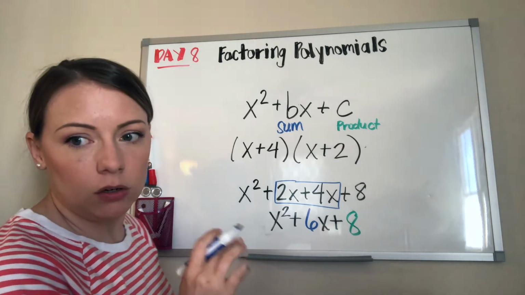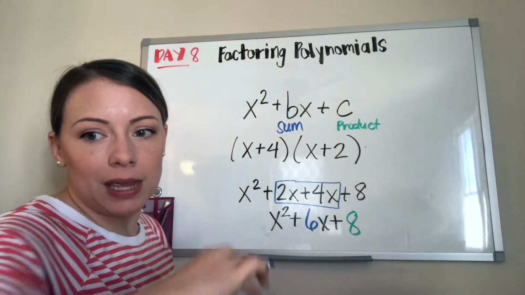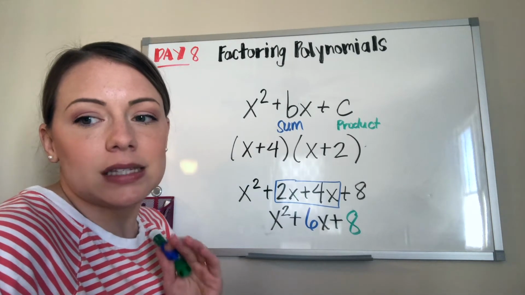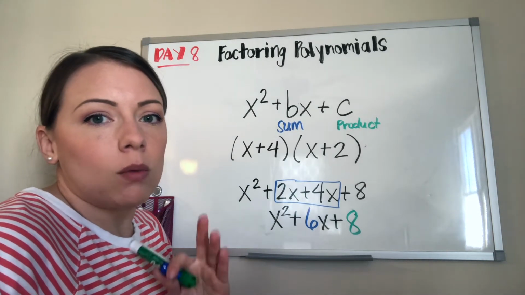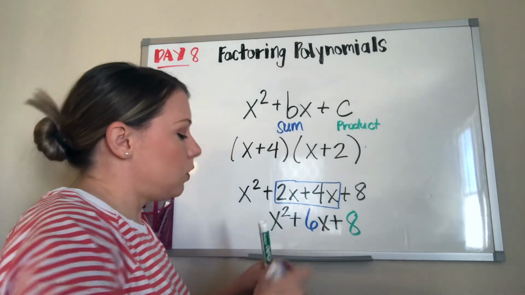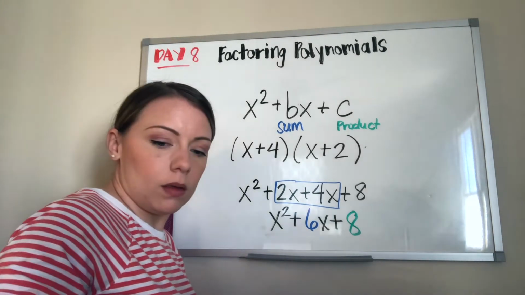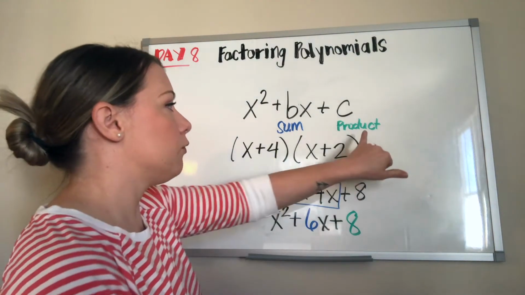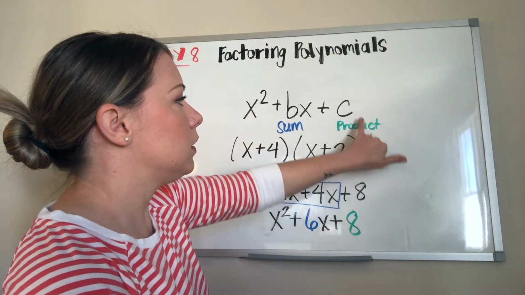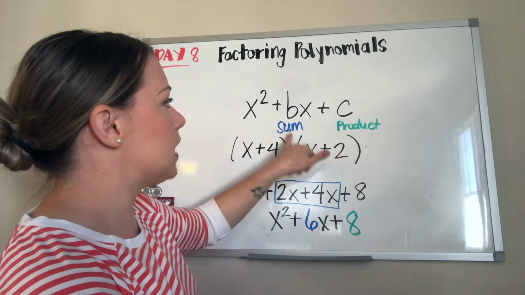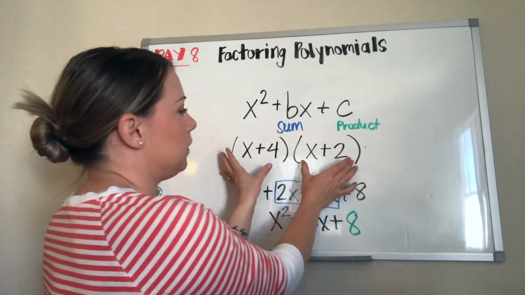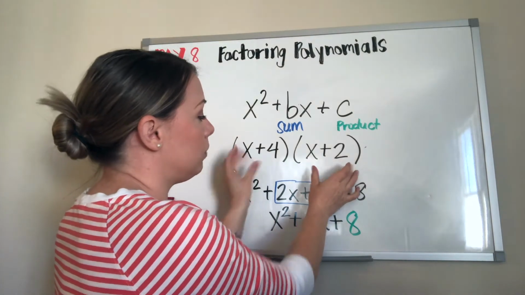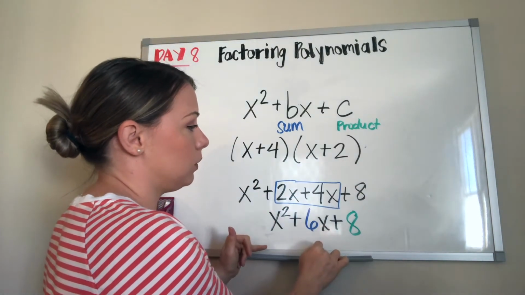In your notes, you should be on the first page about halfway down, and I'm going to start looking at the table about what's called factors. That table lets me take information from the product of C and the sum of B to figure out these two binomials that created the polynomial.